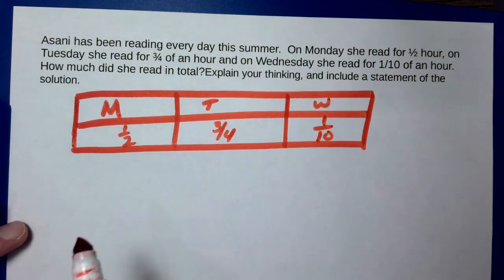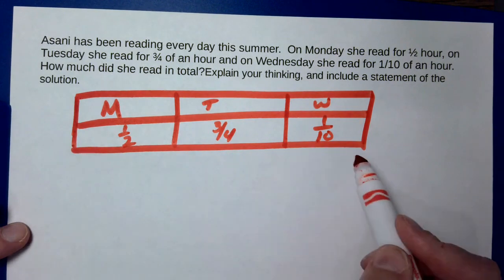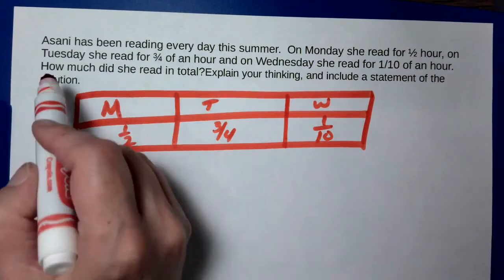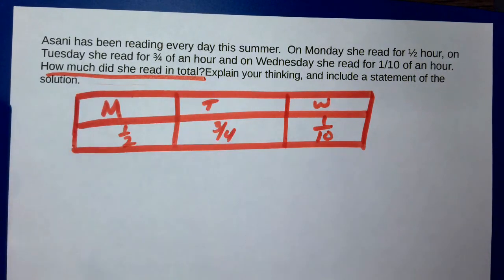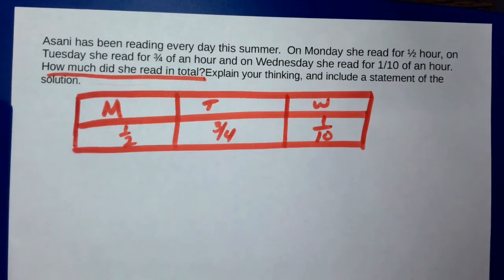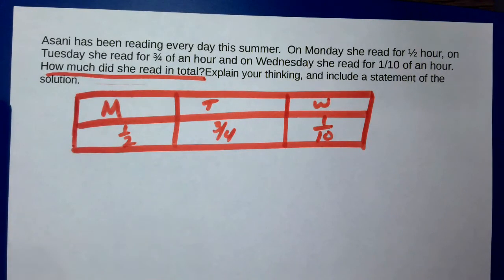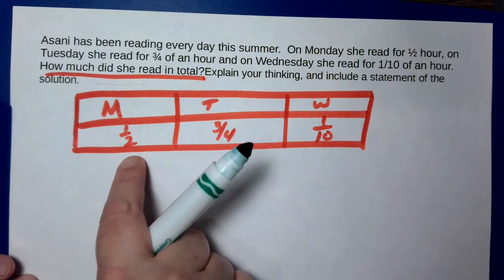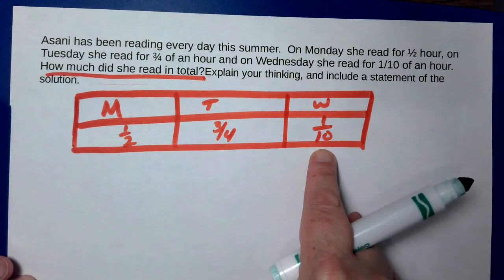So the question is asking me, from all of this, what is the total? If I think about this in terms of minutes or on the clock, we're going to add these all together. We're going to add Mondays plus Tuesdays plus Wednesdays, and we're going to find a common denominator between the three of them. So the denominators are 2, 4, and 10.